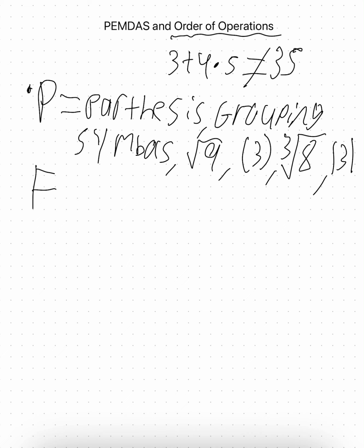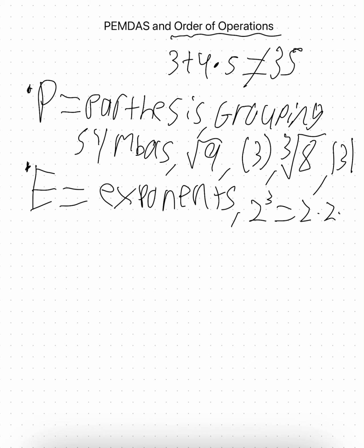And then you have your exponents for E. That's when a number is raised to a certain power, like 2 to the power of 3. That's 2 times 2 times 2, which equals 8.